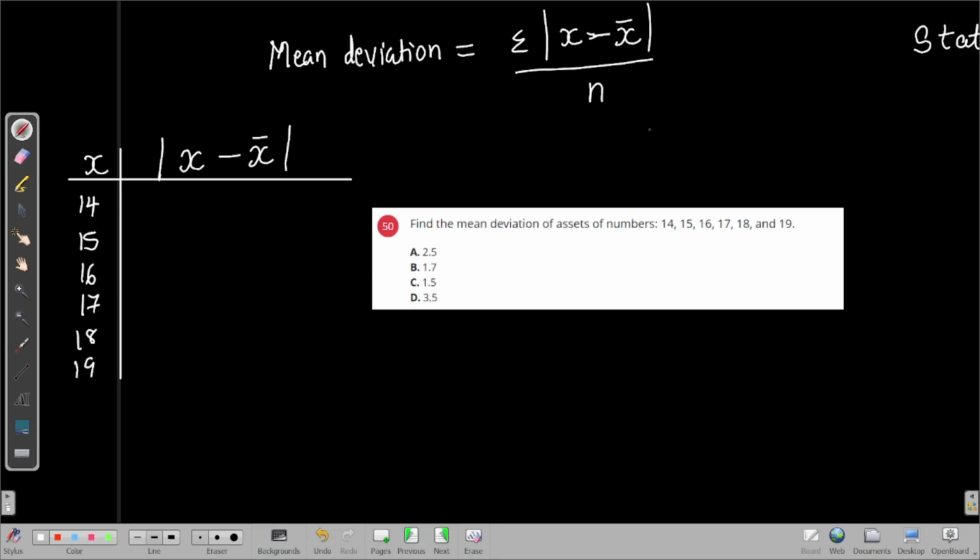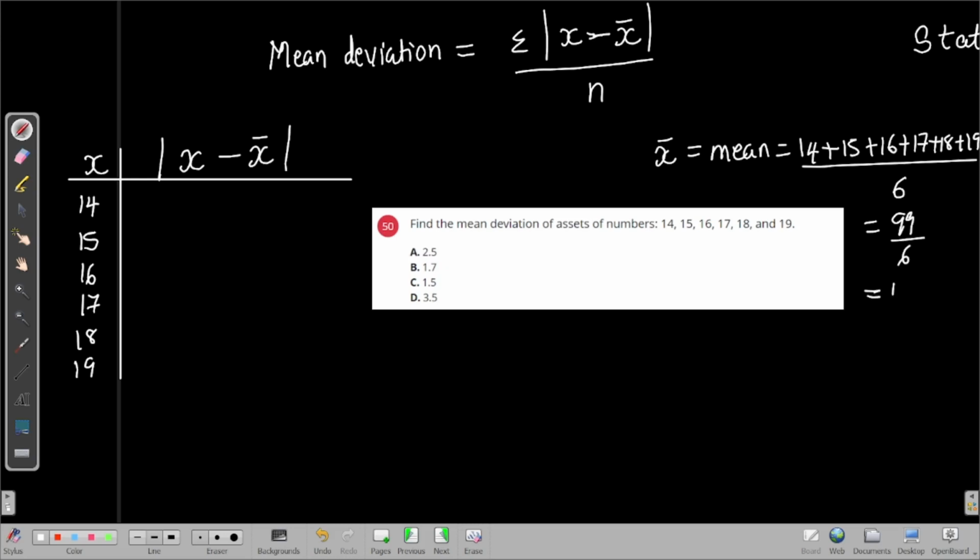What is x bar? X bar is the mean. So let's calculate the mean of these numbers. 14 plus 15 and so on, that is 99, divided by 6.